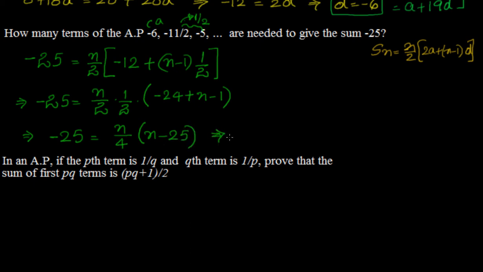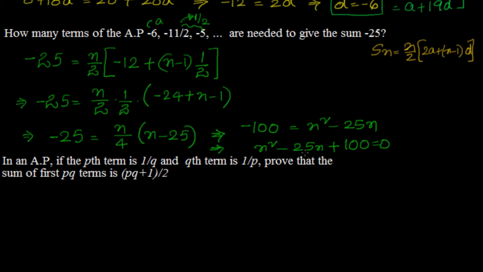If I cross multiply, I'll have minus 100 equal to n square minus 25n, or I can also write it as n square minus 25n plus 100 equal to 0.